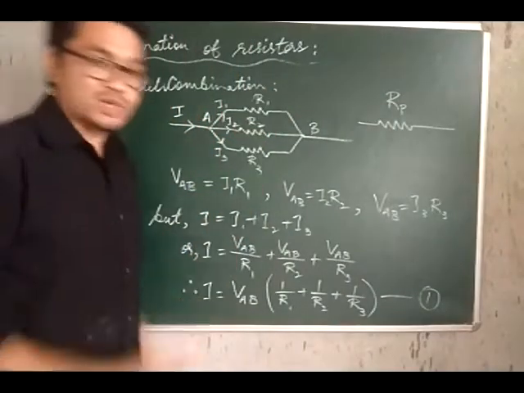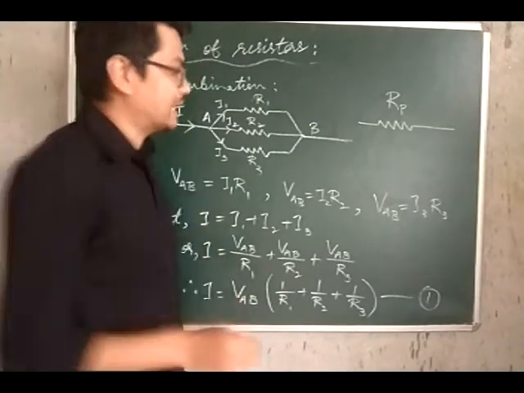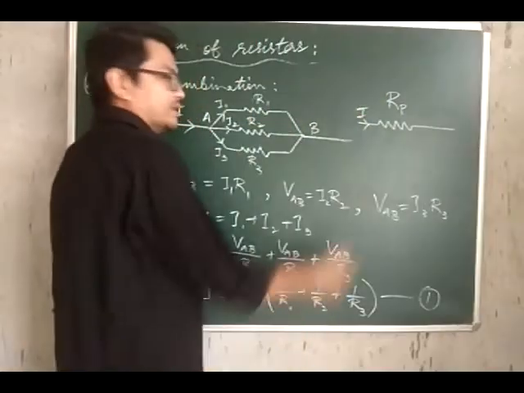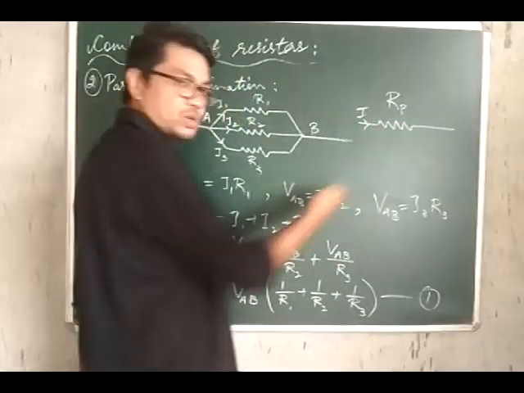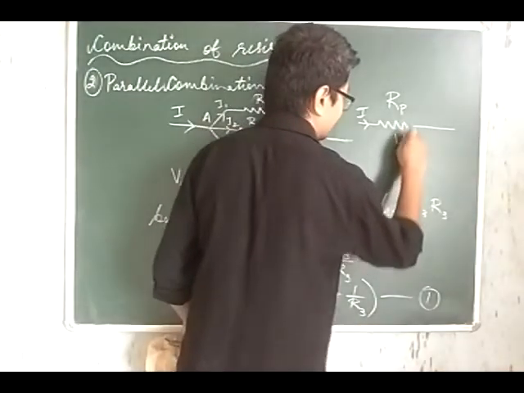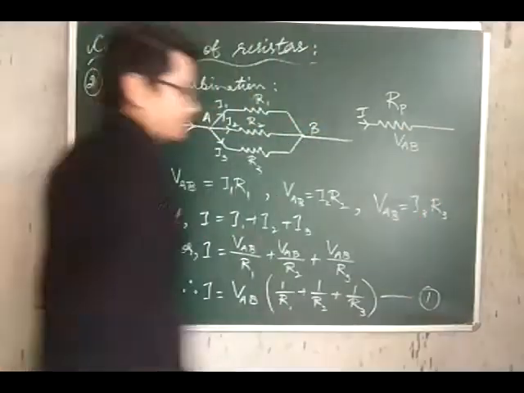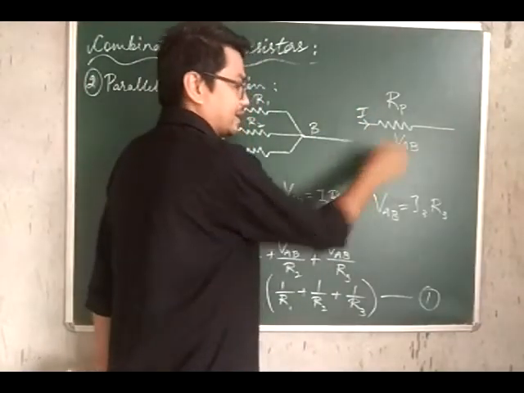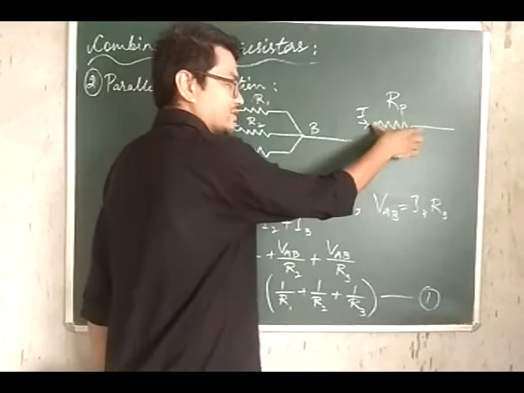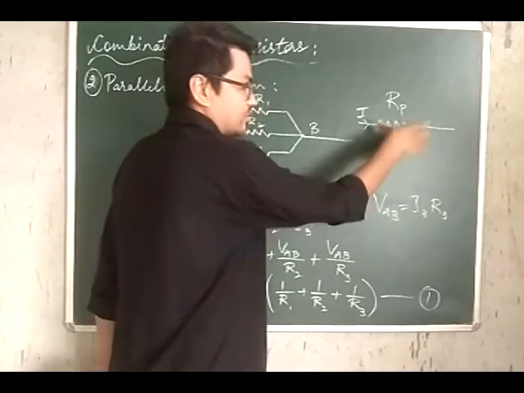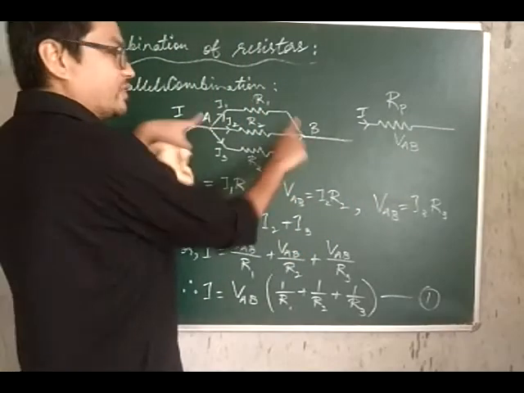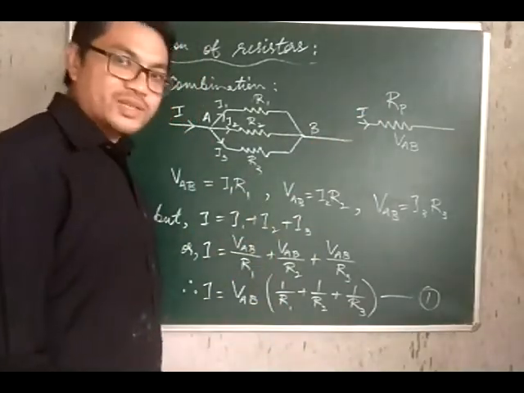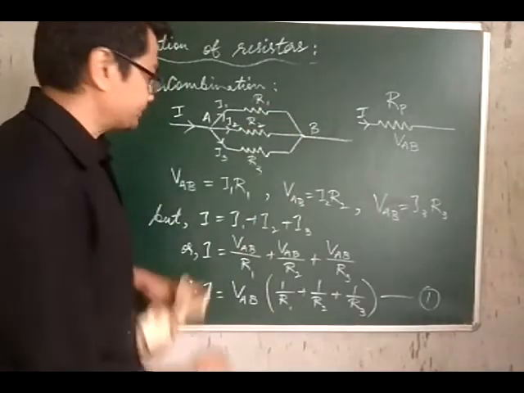Of course, this is also a special resistor, special in the sense that when we let the same amount of current I flow through it, the potential difference developed across this resistance is VAB. Then this resistance is what is called your equivalent resistance for parallel combination.